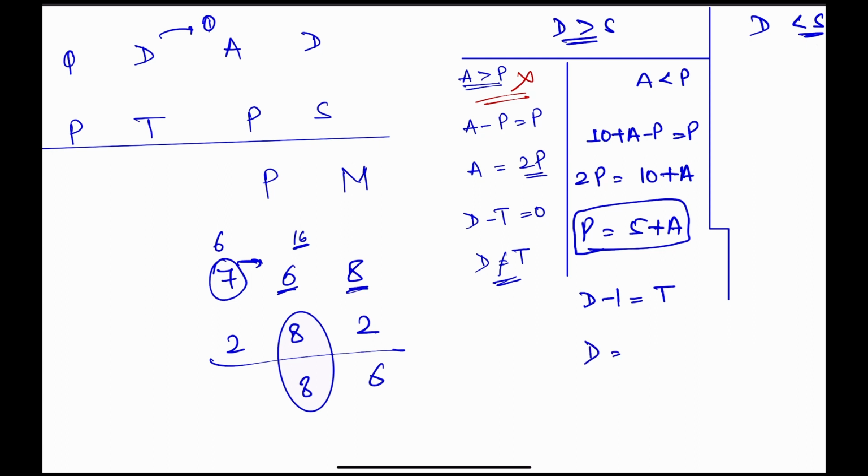So d equal to t plus 1, right? D minus 1 minus t equal to 0, so d minus 1 equal to t. These are the two things I received.